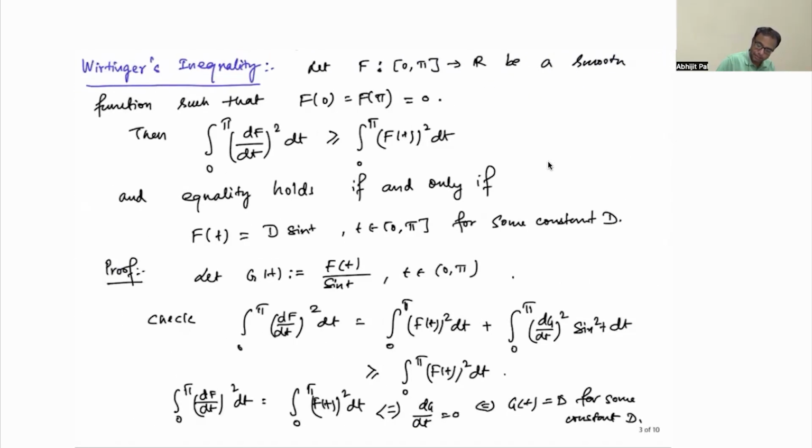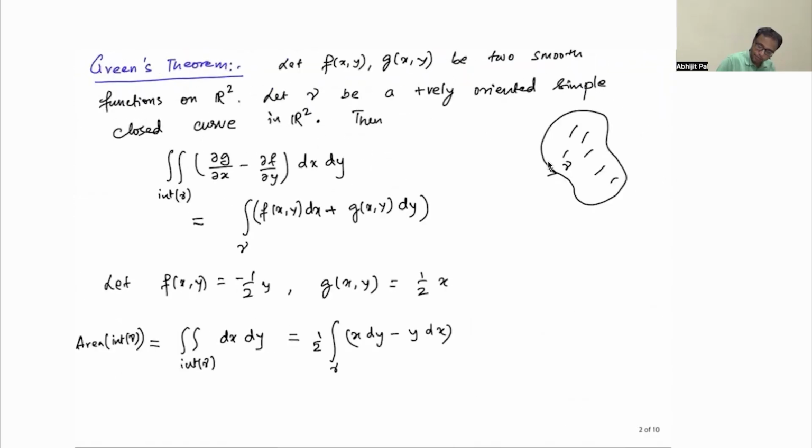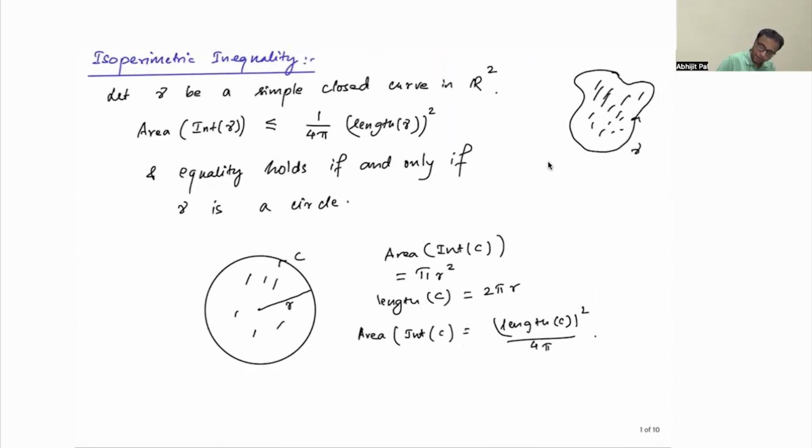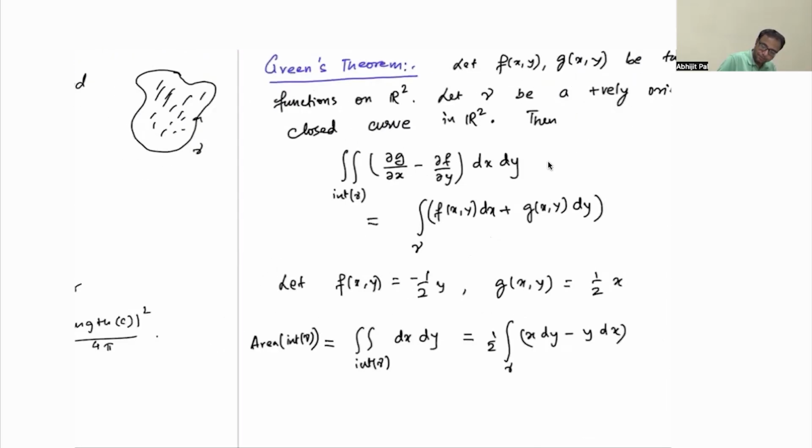I think I have not written this: let gamma be a simple closed curve in R2, and gamma is also regular. Let us assume this.